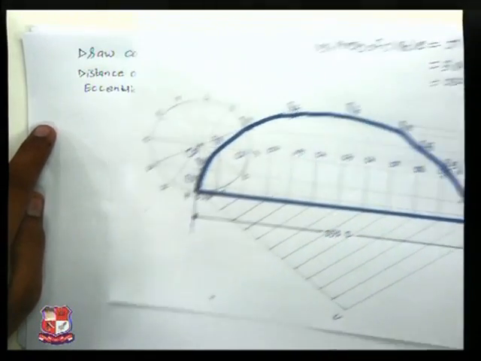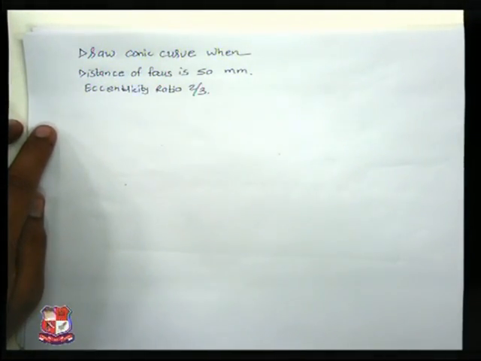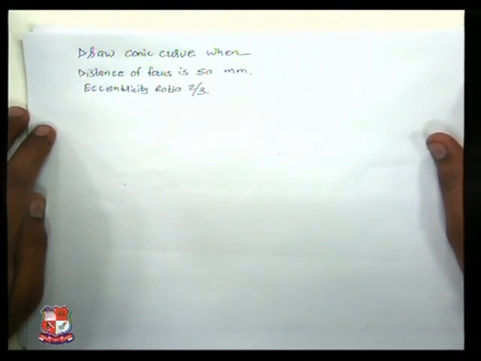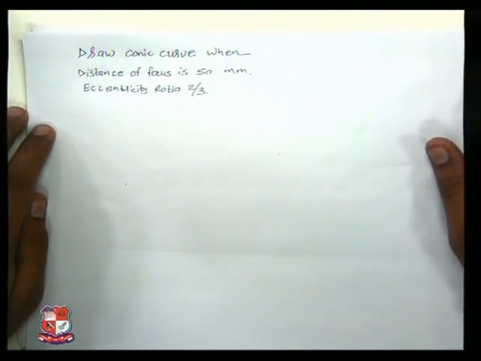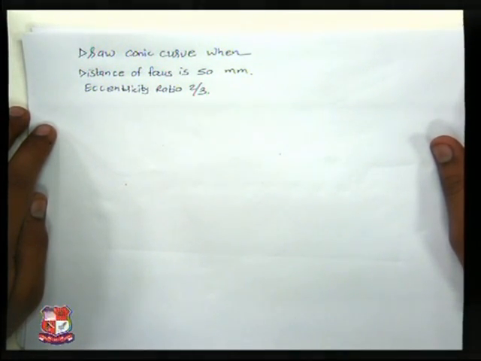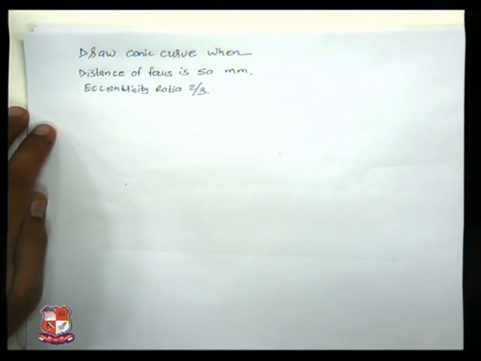Now we will see our next problem. Our next problem says that we need to draw a conic curve when the distance of focus is 50 mm and the eccentricity ratio is 2/3.